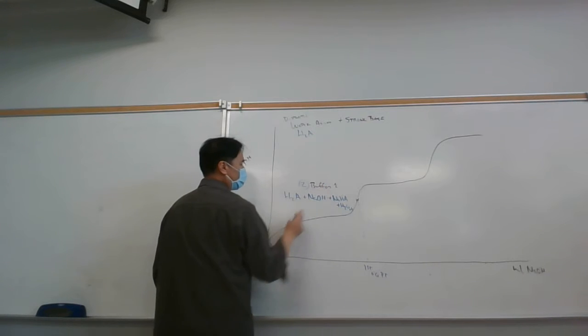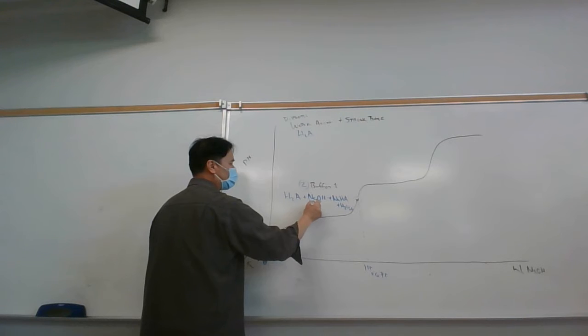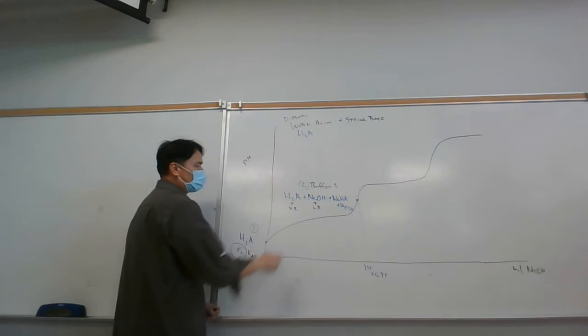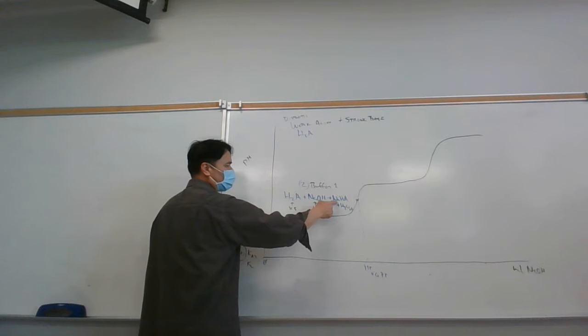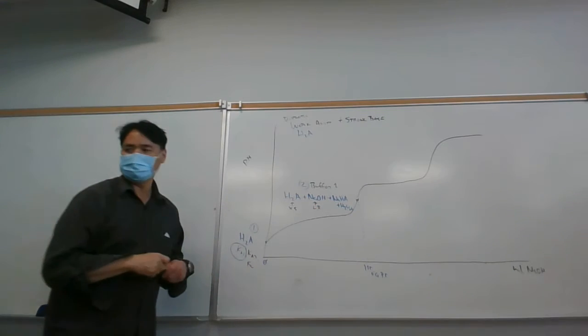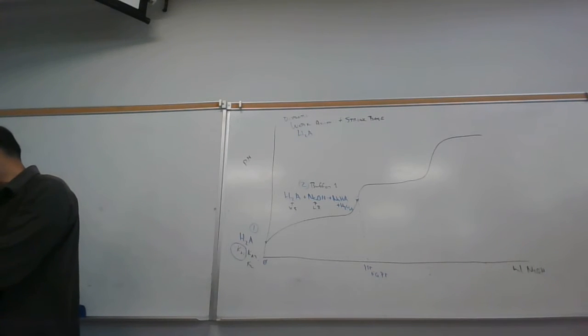It's buffer one because I've only partially neutralized the acid. That means that the sodium hydroxide is my limiting reagent, and the H2A is my excess reagent. So if I partially neutralize that, then some of the acid is converted into its conjugate base. And so what I end up with is a weak acid and its conjugate base. A weak acid and its conjugate base is a buffer.